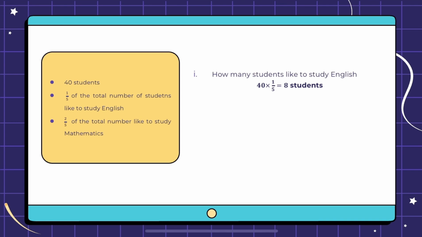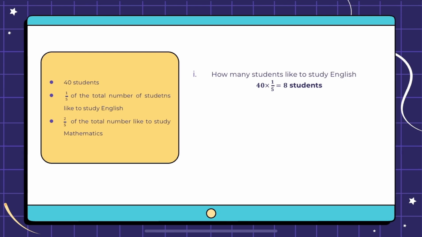To calculate this, we can multiply the number of students in the class by the fraction of students who like to study English. Here, 40 multiplied by 1/5 equals 8. So, the students who like to study English are 8 students.